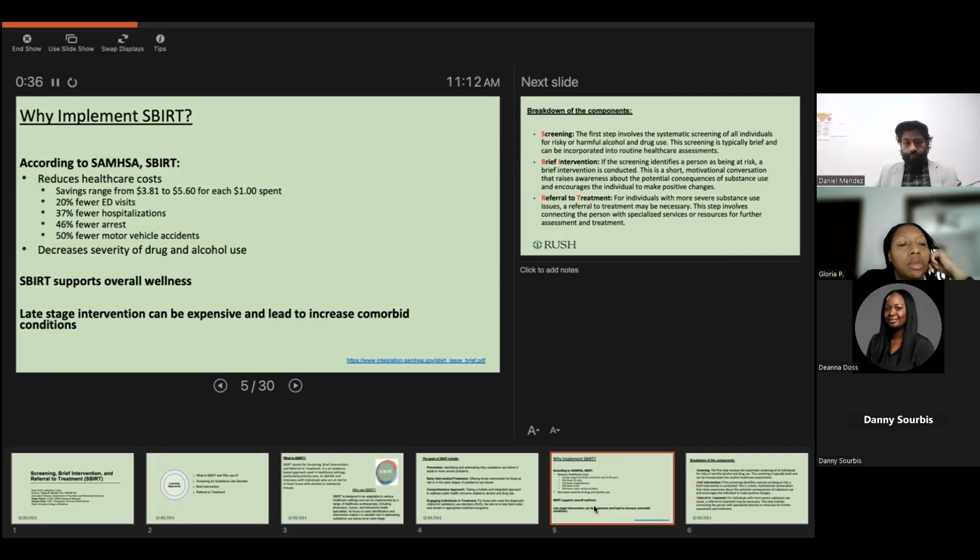So it decreases the severity of drug and alcohol use. SBIRT supports overall wellness, and late-stage intervention can be expensive and lead to increased comorbid conditions. So waiting late, we can get jail time, paying fees. So SBIRT is like a way of alleviating those things and motivationally trying to deter someone from continuing the use of substances.